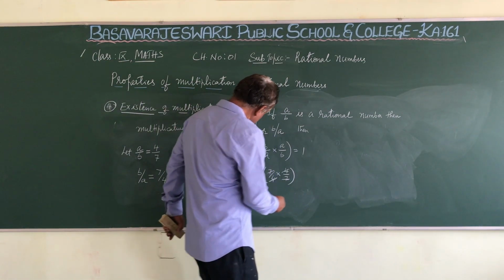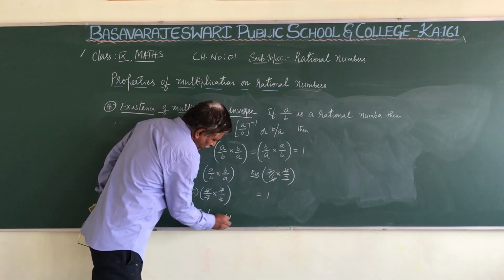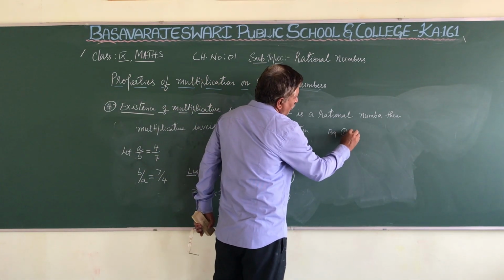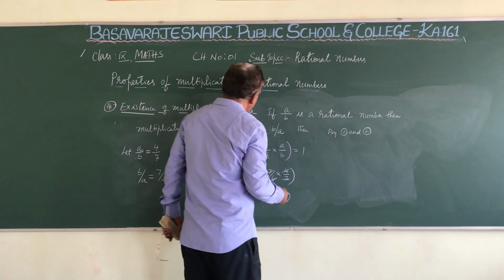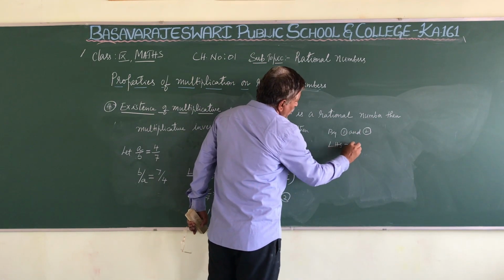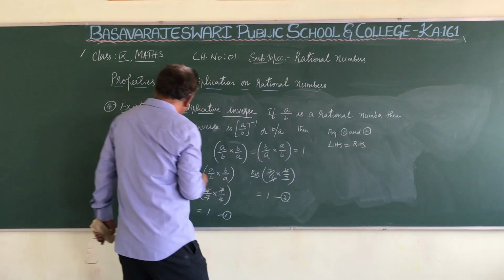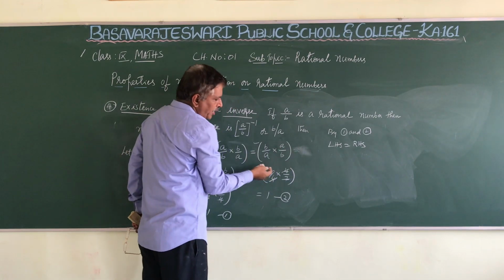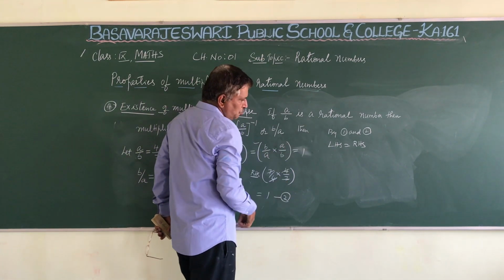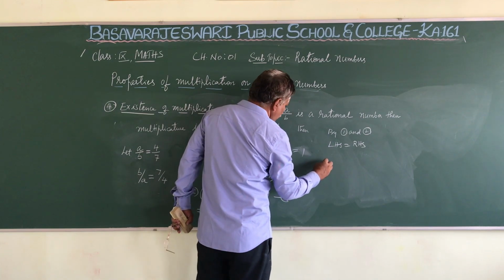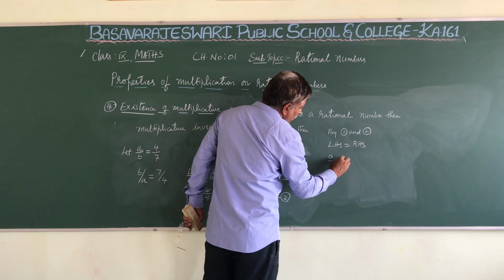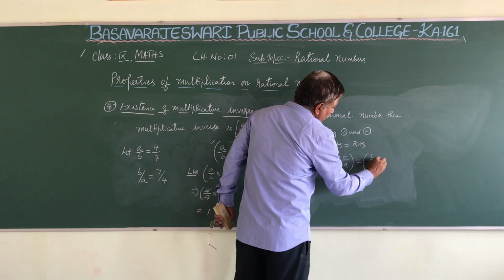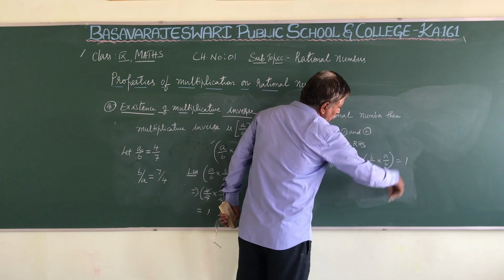So therefore, let me consider this one as 1 and this one as equation 2. So by 1 and 2, LHS is equal to RHS. If I take this one as LHS, this as RHS, these two are equal, that is 1 only. So therefore, we can write A by B into B by A is equal to B by A into A by B, which is equal to 1.